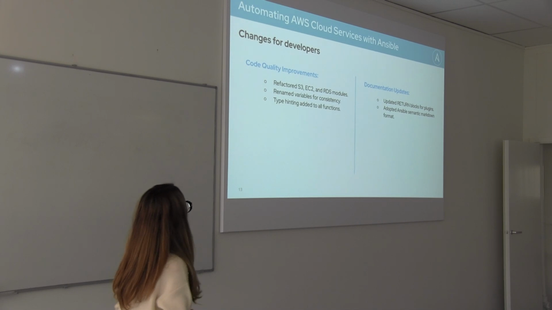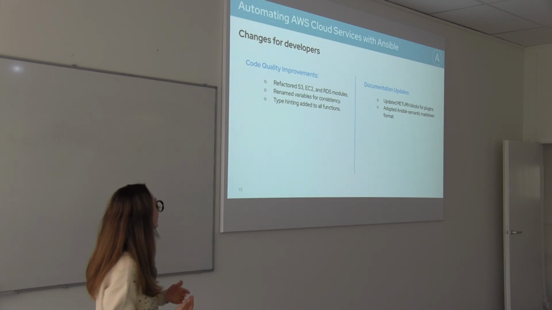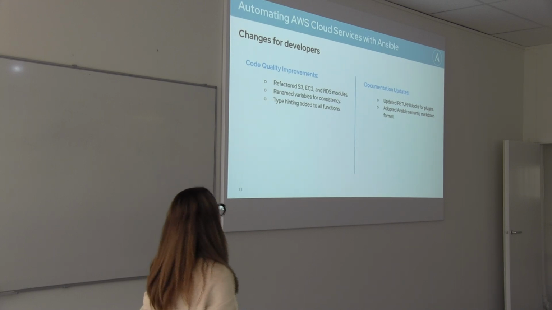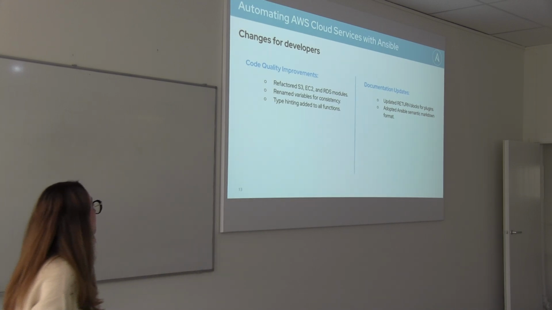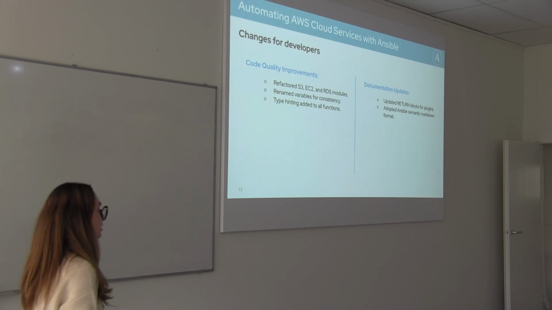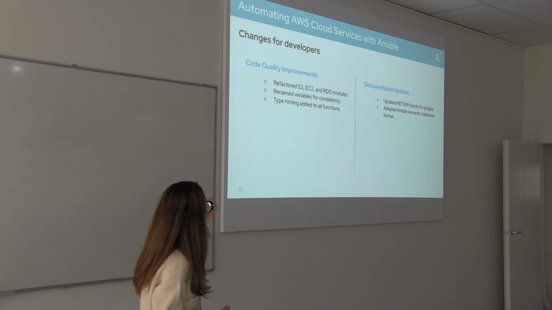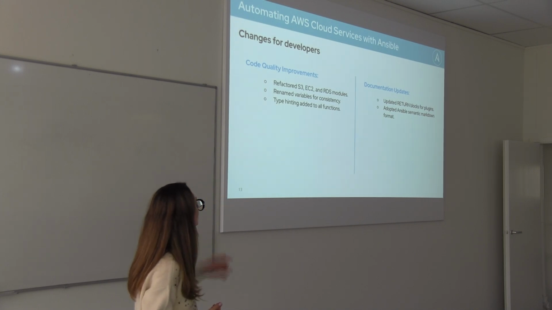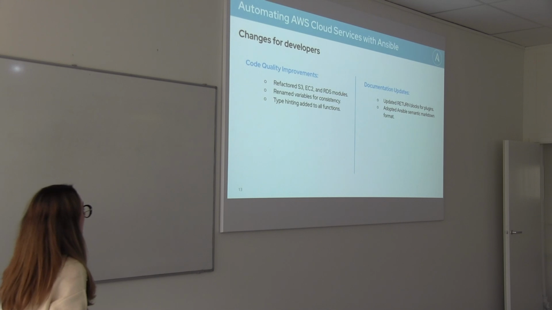Then we still have a code quality improvement initiative, and we have already started it, and some of the major modules have already been refactored, like the S3, EC2, and RDS modules.